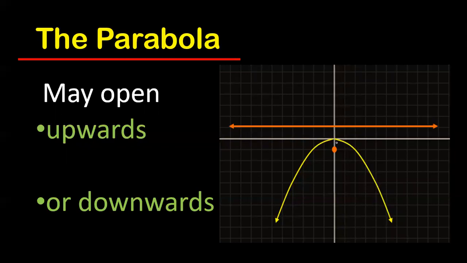This will happen if your equation is in the form x squared is equal to 4ay, but this time a should be less than 0, so a should be negative. For example, x squared is equal to negative 16y. That will give you a parabola that opens downwards.